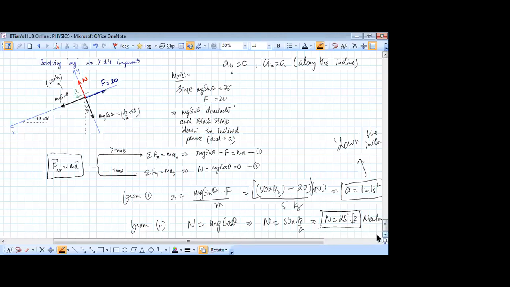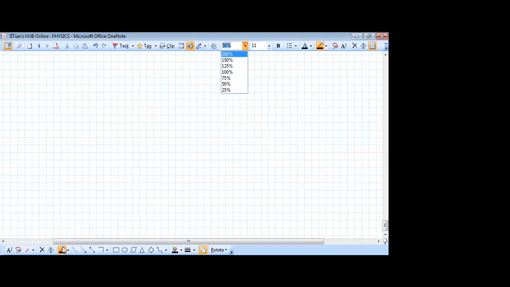Yes, in the third part, a 50 newton horizontal force is acting. Okay, so I'll make the diagram to begin with for you.